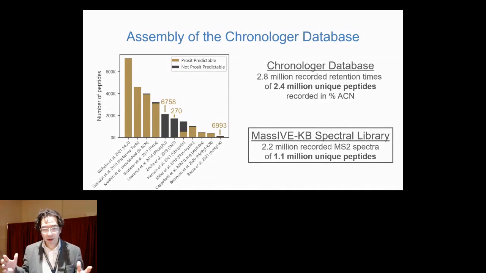And we constructed this retention time library database. It combined all of these different data sets together into 2.4 million unique peptide sequences. To give you context, MassIVE-KB doesn't contain retention times, but even if it did, its size is only 1.1 million peptides. So it's as if we had collected 2 MassIVE-KB sized libraries together.